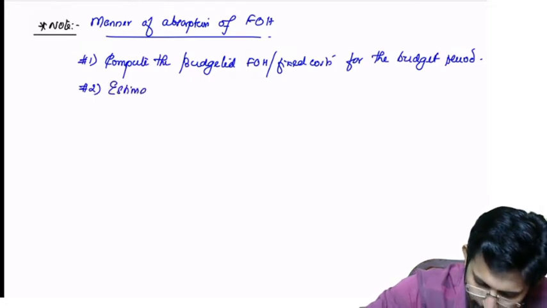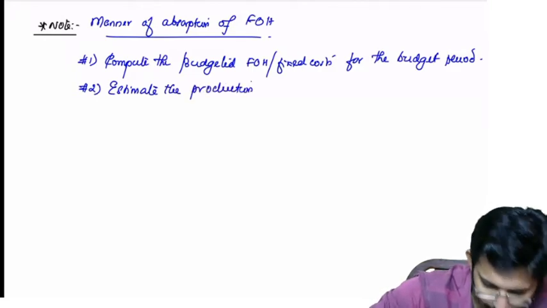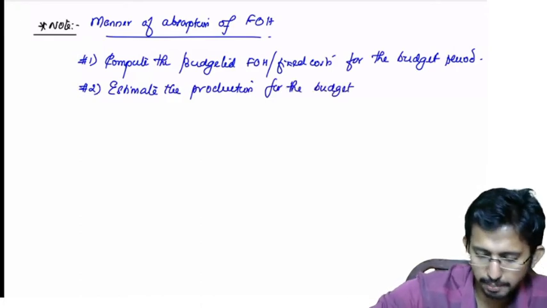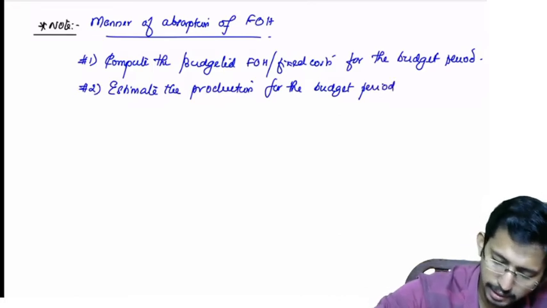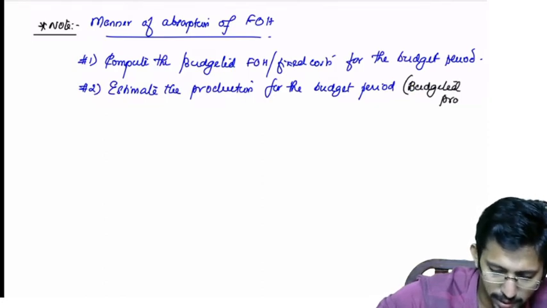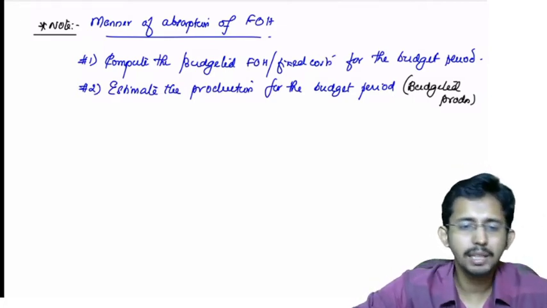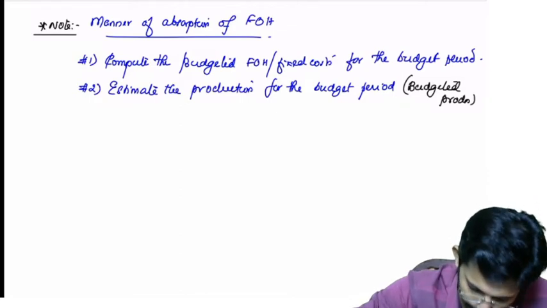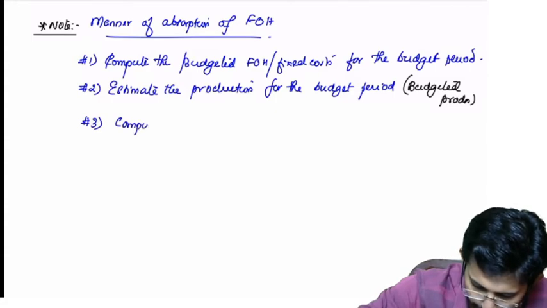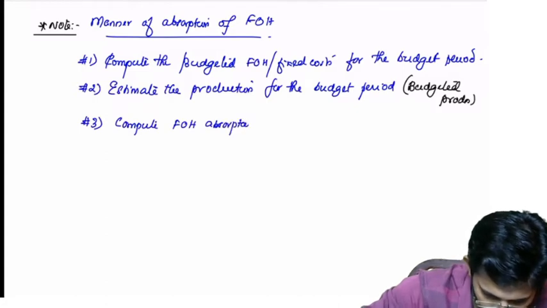Okay, for the budget period, you will be estimating what all could be the fixed overheads, what all could be the fixed cost. So you are doing this budgeting and you have this budget overheads in total. Okay, next what you will do, estimate the production for the budget period. Otherwise known as budgeted production. So one side you have the budgeted fixed overhead, then you have the budgeted production in units. Okay, then third step is what? Compute fixed overhead absorption rate.